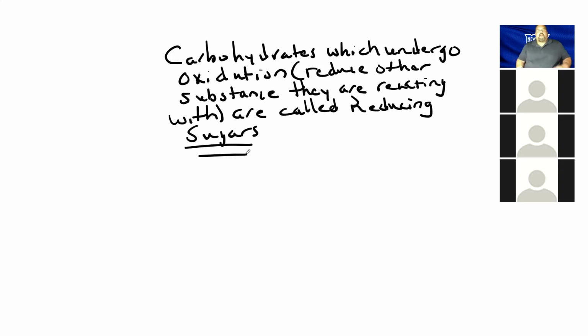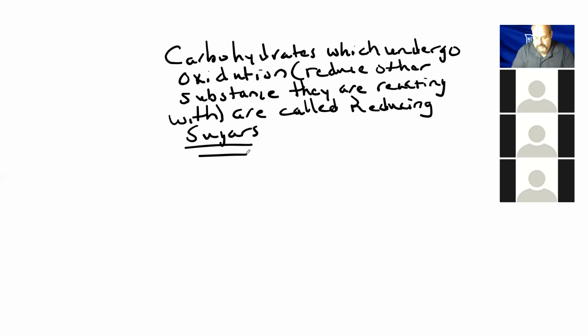When a carbohydrate undergoes oxidation, the substance that it's reacting with, that's causing it to undergo oxidation, the carbohydrate is classified as a reducing sugar.